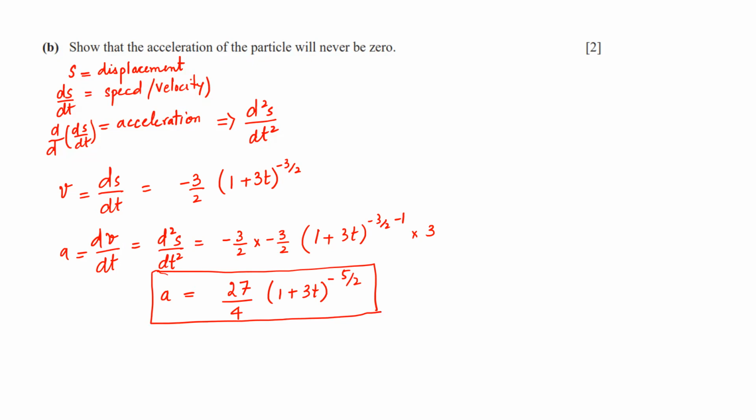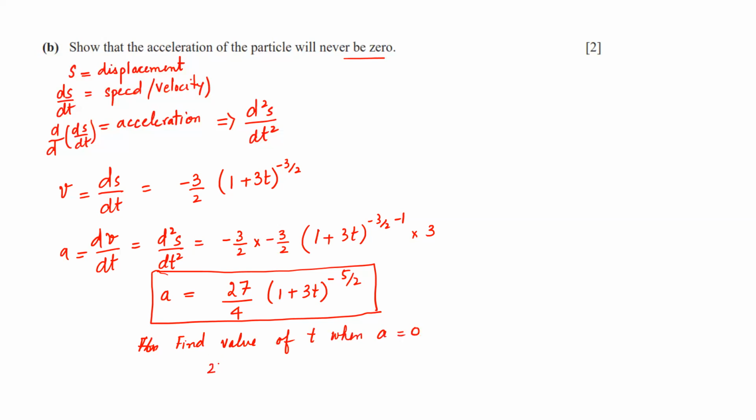And we have to show that this will never be zero. So let's try to find out. A good check is to find the value of t when a is equal to 0.